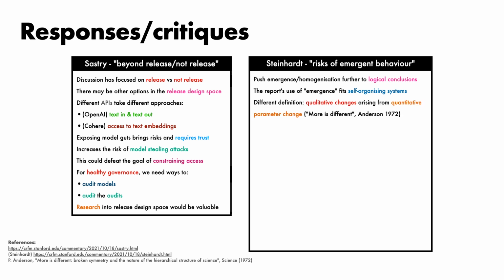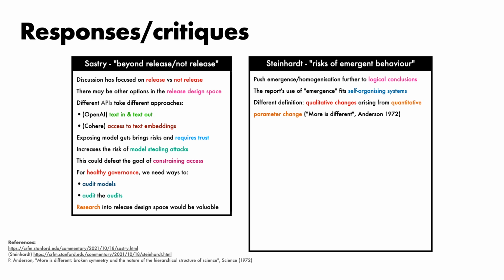A different definition of emergence, that Steinhardt supports, is the idea of qualitative changes that result from varying a quantitative parameter, a concept that was discussed in detail in the classic Anderson 1972 Science paper, More is Different.